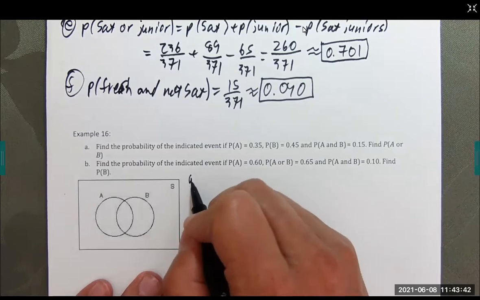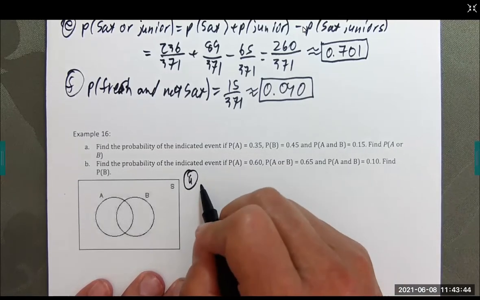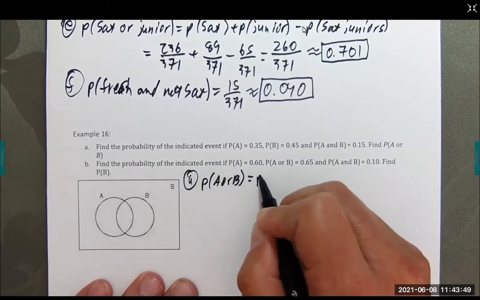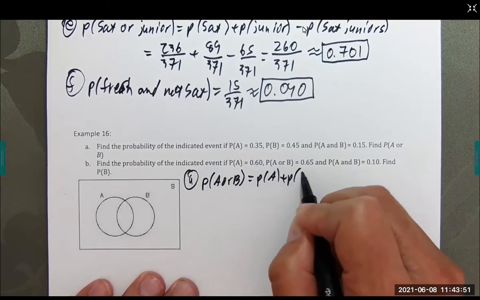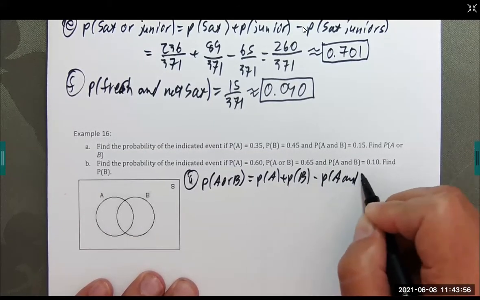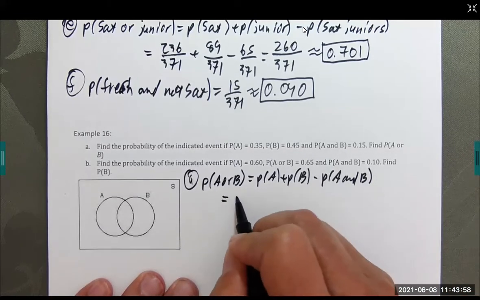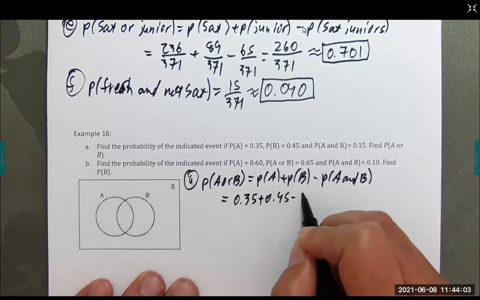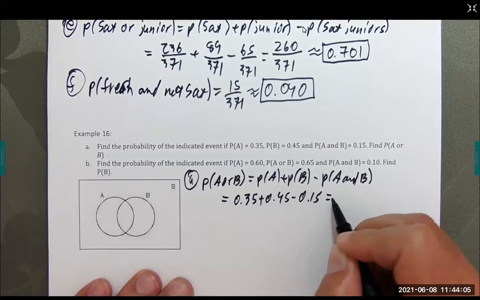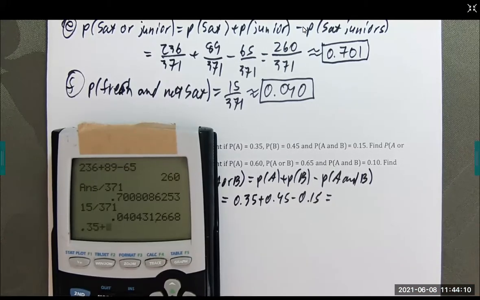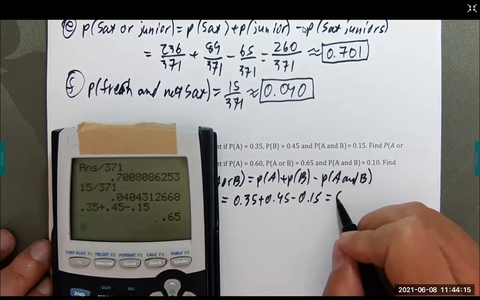So part A is going to be P of A or B is going to be P of A plus P of B minus P of A and B. That's 0.65.